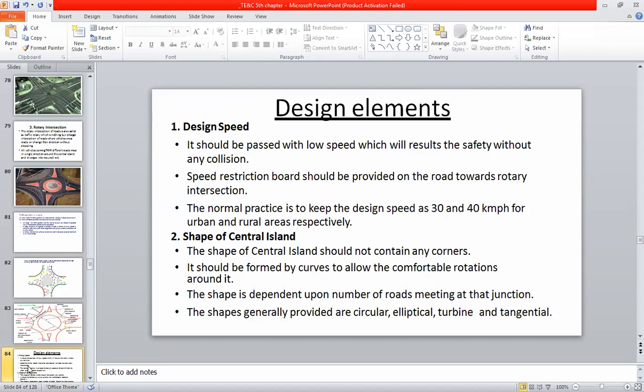Speaking about the design speed related to the rotary, generally 30 kmph is adopted for the urban, while 40 kmph is for the rural areas.